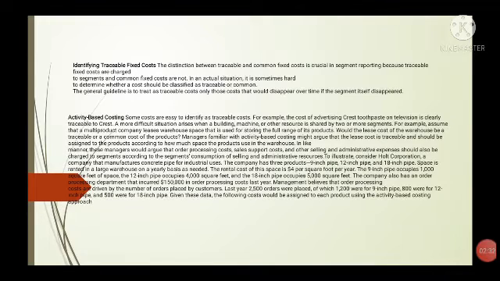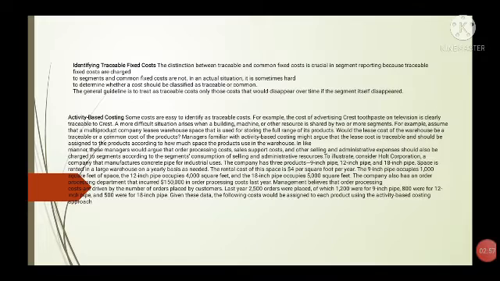Activity based costing. Some costs are easy to identify as traceable costs. For example, the cost of advertising Crest toothpaste on television is clearly traceable to Crest. A more difficult situation arises when a building, machine, or other resource is shared by two or more segments.